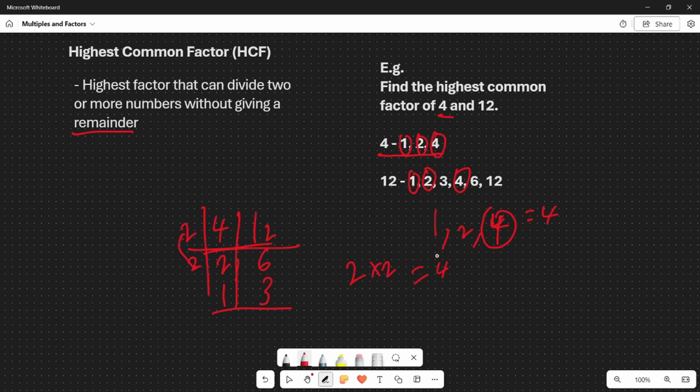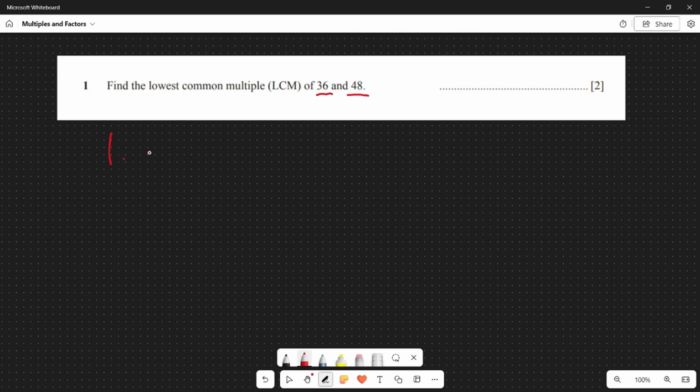With that being said, we can go on to some questions from Cambridge, and the first question here states that find the lowest common multiple of 36 and 48. So we're finding the lowest common multiple. So again, there are 2 ways to solve this, and the first method is by stating out multiples of both numbers.